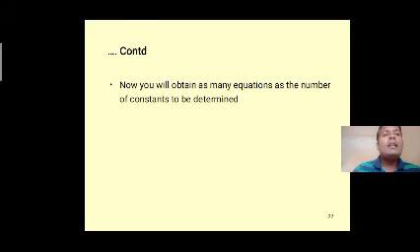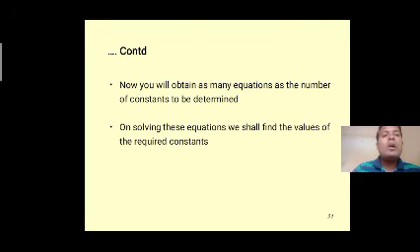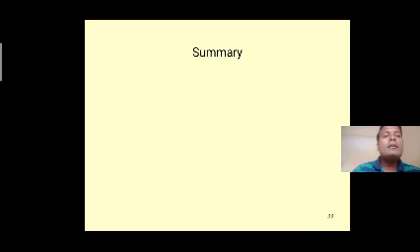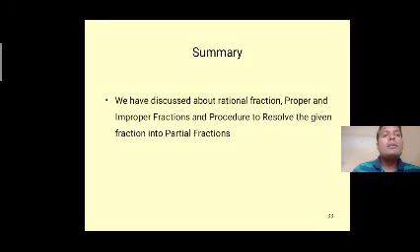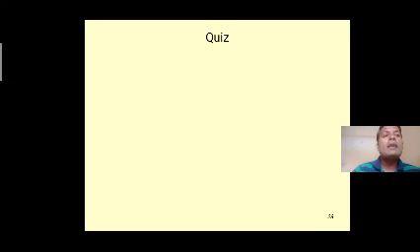Now you will obtain as many equations as the number of constants to be determined. On solving these equations, we shall find the values of the required constants. We go to the summary. We have discussed rational fractions, proper and improper fractions, and the procedure to resolve the given fraction into partial fractions.